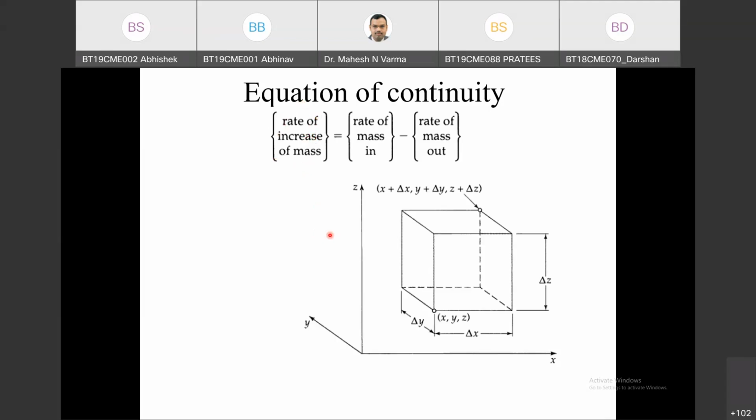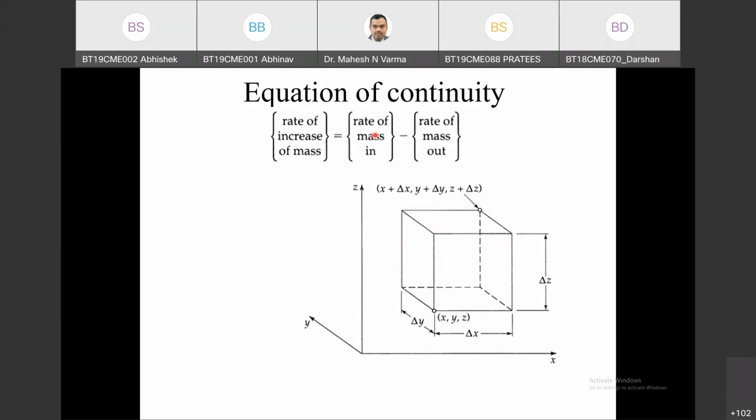So consider a control volume at XYZ with a thickness delta X, delta Y and delta Z. The thickness in X direction is delta X, in Y direction is delta Y, and in Z direction is delta Z. So this is my control volume.